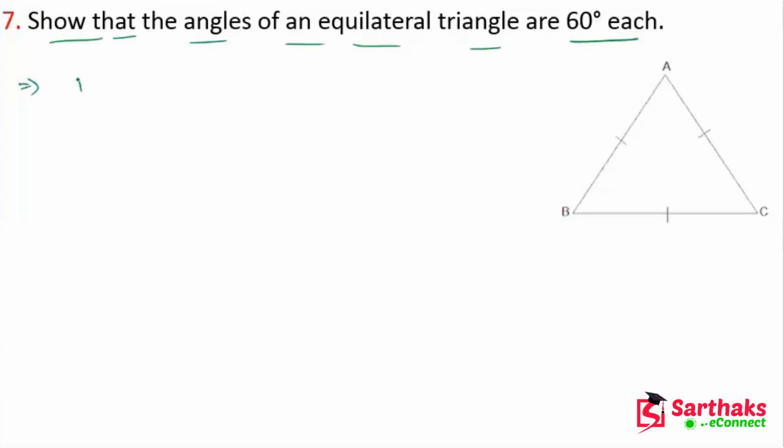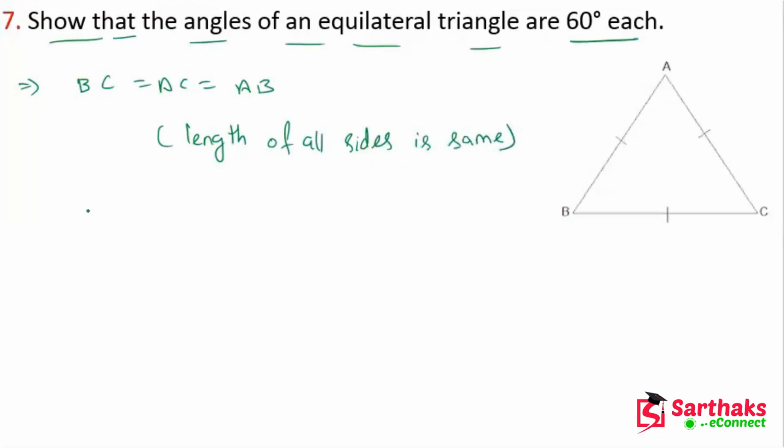So BC is equal to AC is equal to AB, since the length of all sides is the same in an equilateral triangle.